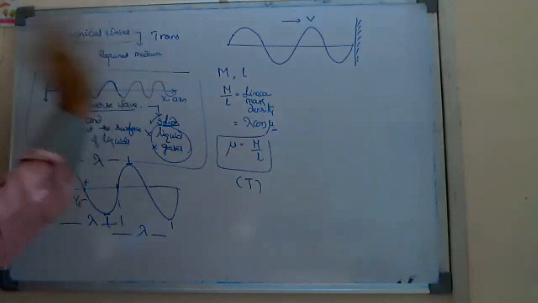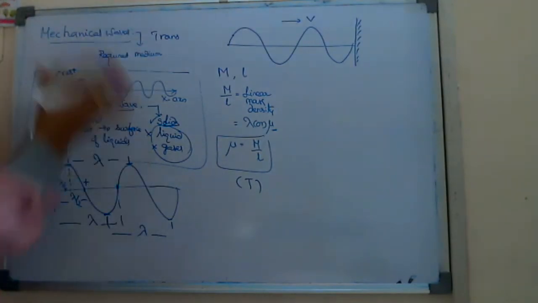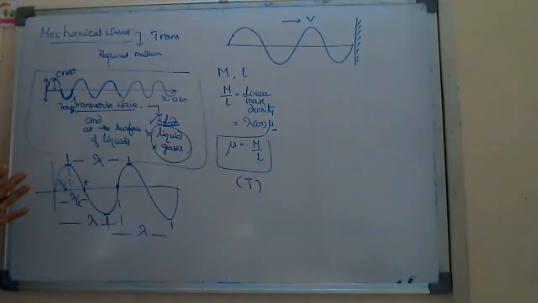Till now, without specifying transverse or longitudinal, we discussed the models, just the equation, representation of wave. Now we are going a little bit deeper into that wave, whether it is transverse or longitudinal. First we are coming to transverse.